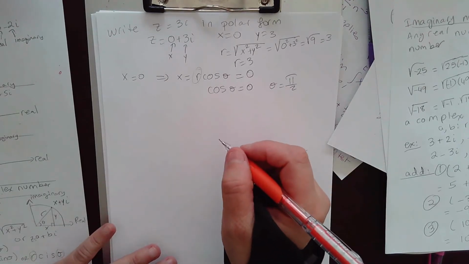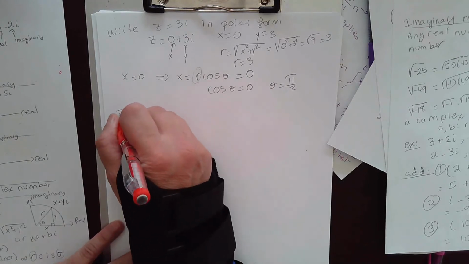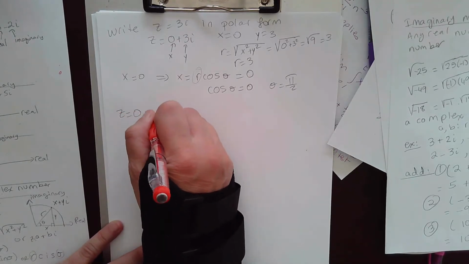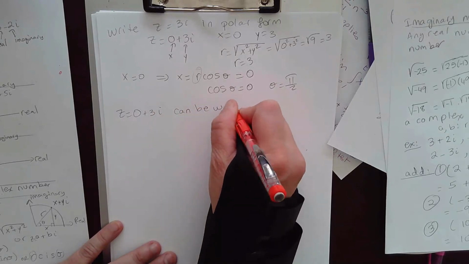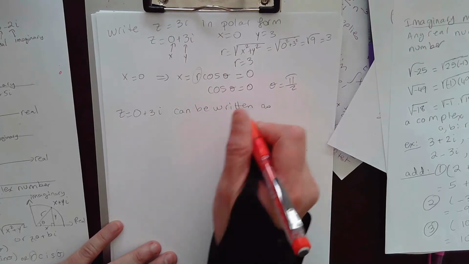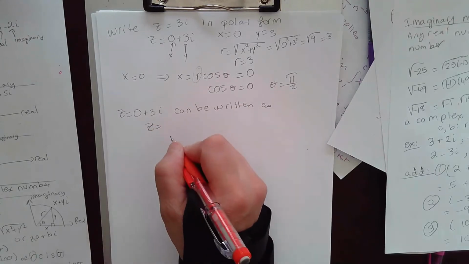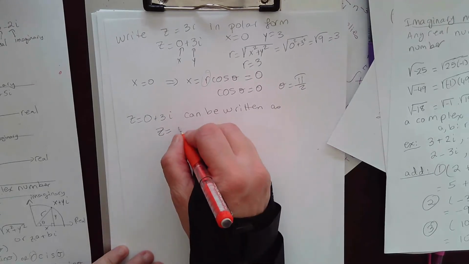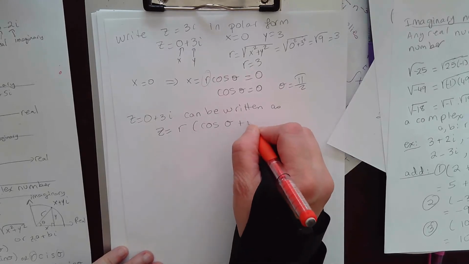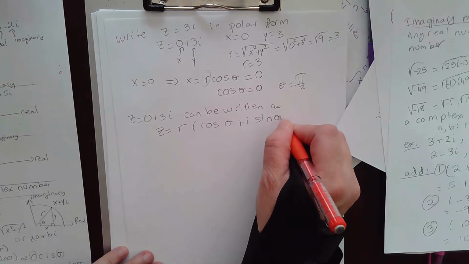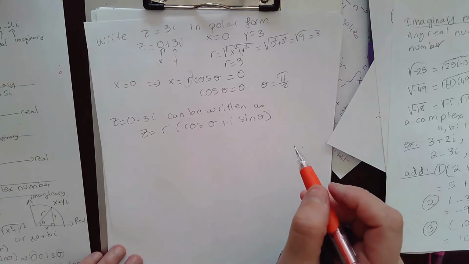So in polar coordinates, z equals 0 plus 3i can be written as what? As z equals r cosine theta plus i sine theta, right?